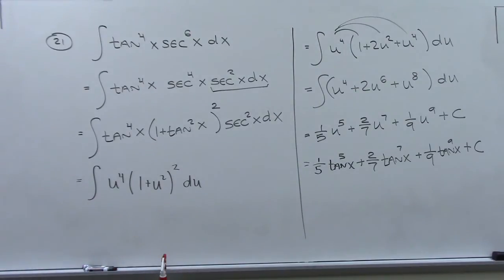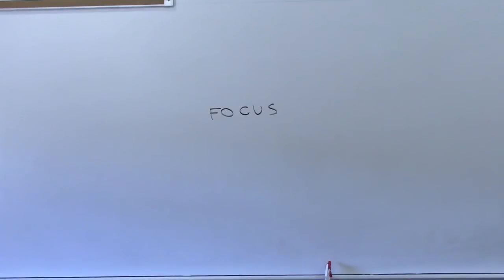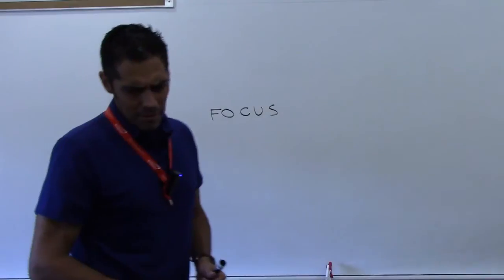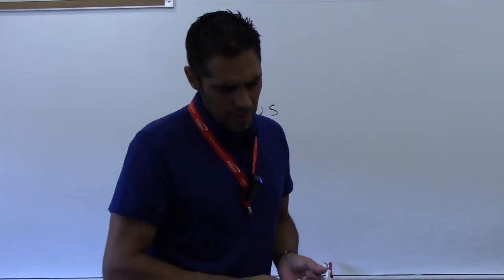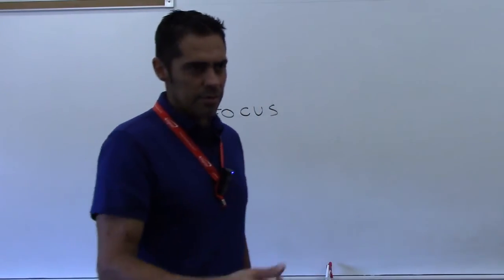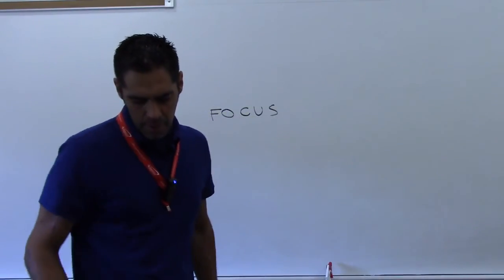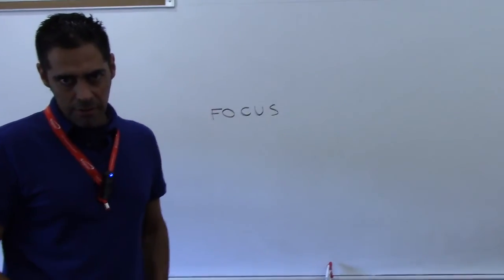All right, let me pause it. So I'm not going to pick up where I left off, because I think I left off doing like number 21, but I'm going to start doing some trig subs. So like number 40, where should I start? 39?